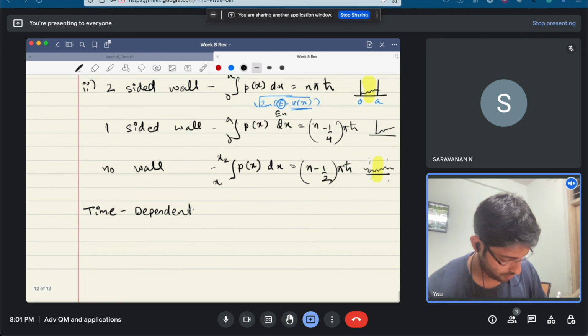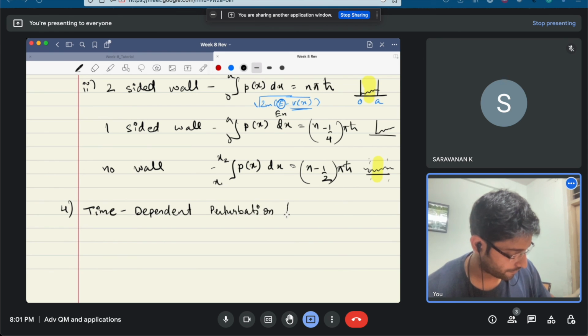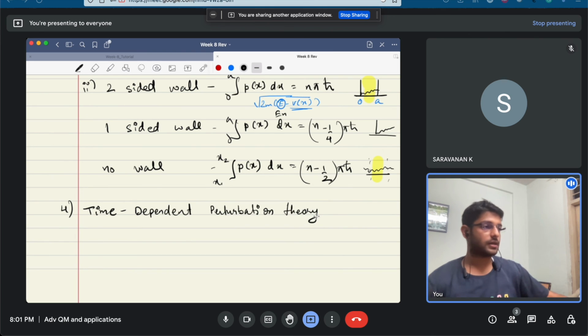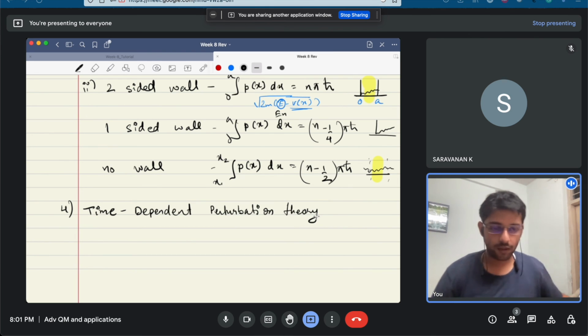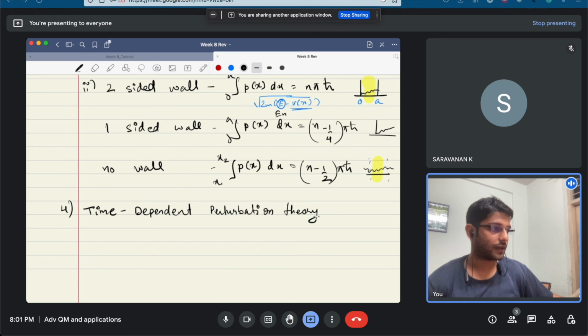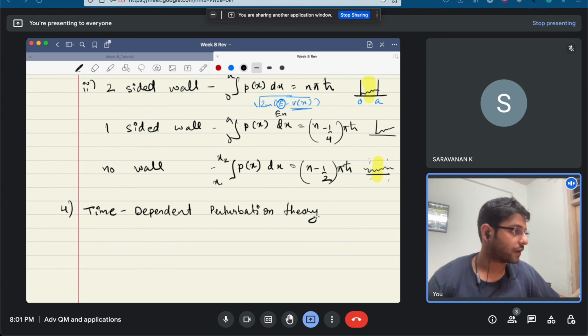So what we had is, for a two level case, or for n levels also, let me just find the formulas.